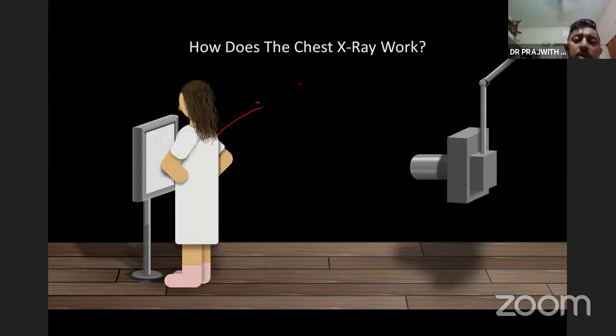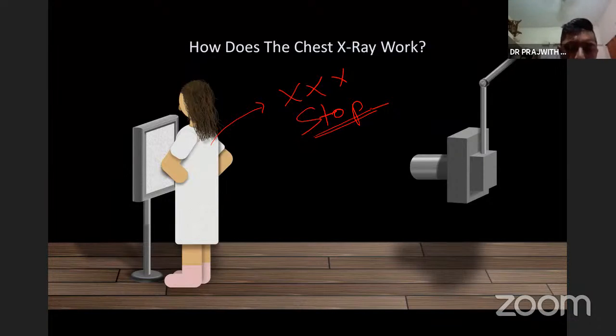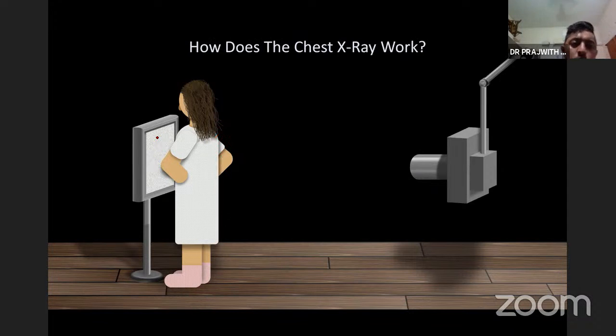He will stop some of the X-rays from reaching the film. So this person who is standing in front of the X-ray film is stopping some of the X-rays from going and hitting the film. So what will happen? It will not become as black as it was before.